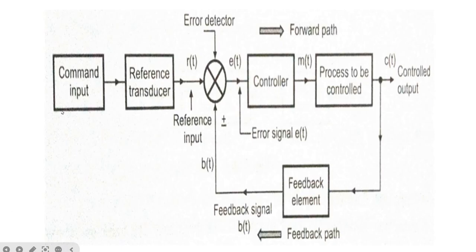Now, here we are giving the command input. As we all know, it is not possible in all systems that the available signal can be applied as it is to the system.